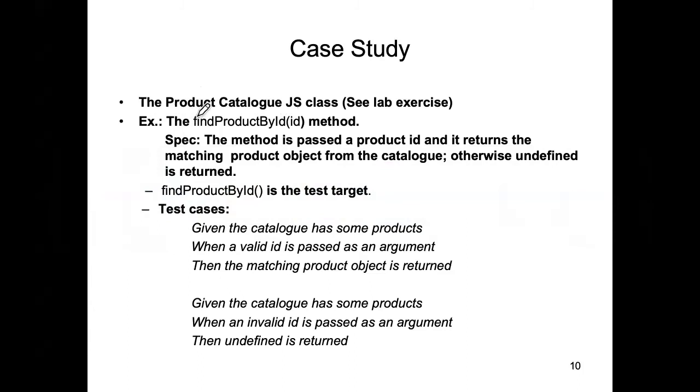Arguably, or admittedly, it's a simple method, but this is a specification for that method. Again, there are no surprises in there. Let's say I want to test that method. That method is my test target.